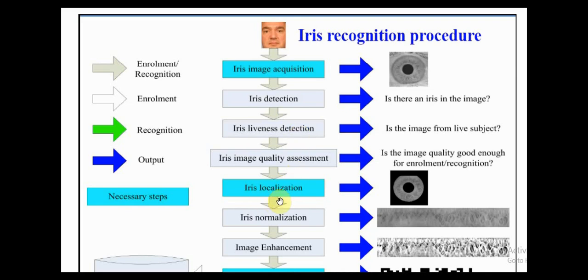The next step is iris localization. We should find the real boundaries of the iris and segment the iris pattern from the pupil and the white area of the eye. The next step is iris normalization. We convert the iris pattern from this annular region into a rectangular format.